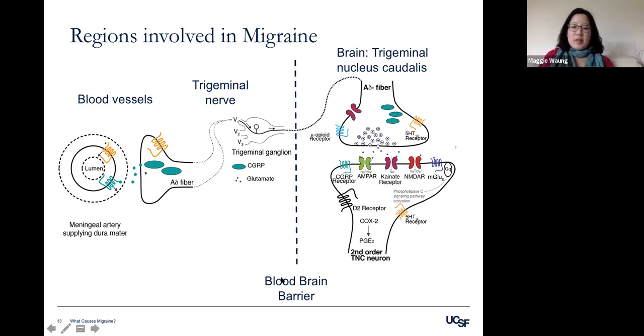I put this line here of the blood-brain barrier because some of the medications we use to treat migraines act within the brain, on excited regions that have increased activity during migraine. And some medications seem to work more out here in the periphery, on the nerves on the outside or blood vessels that might feed back into the brain.